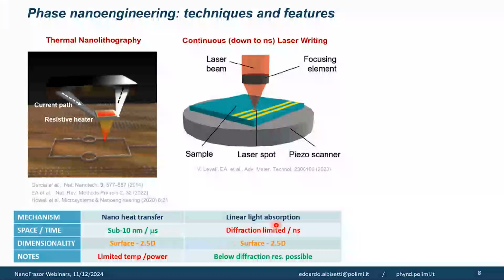Of course, the mechanism, still being linear absorption, starts from the very top surface. So it's somehow similar to what happens with thermal nanolithography. And it's usually, not always, but usually triggered, at least in our case, by heat. So the UV laser is absorbed, it heats up the material, and then it's the heat that produces the transition.